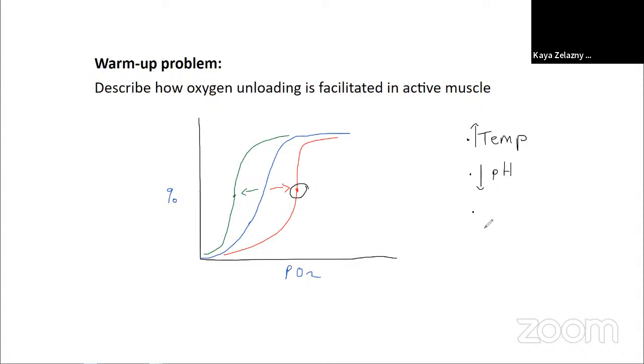We have an increase in carbon dioxide as we're creating more ATP. And as we work harder and longer, if we create a low oxygen condition as we use up the oxygen, we'd also have an increase in our 2,3-BPG.